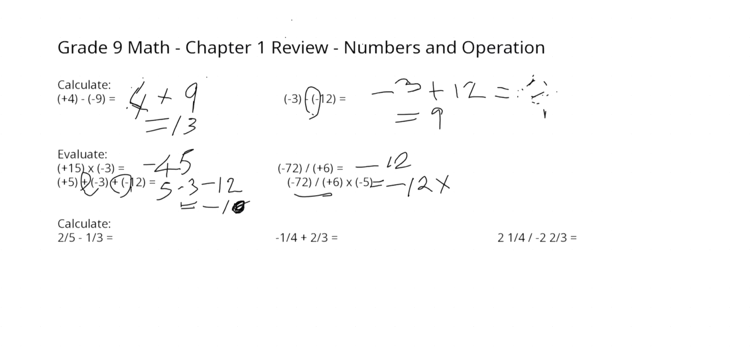Now, if we say calculate, and this is now fractions, remember the fraction rule. When the denominators are showing different numbers, you can't just simply do anything with the numerators. You have to find the lowest common multiple.